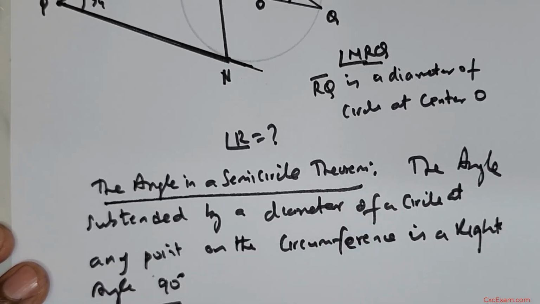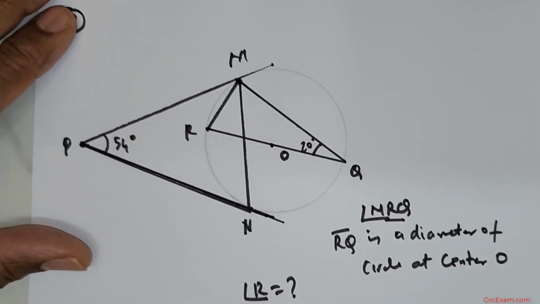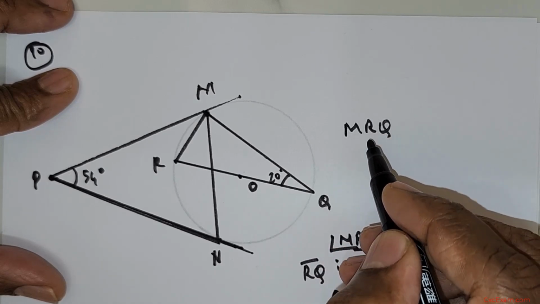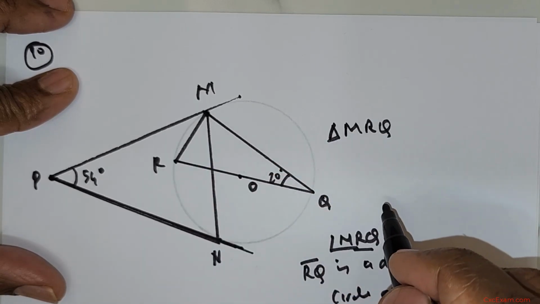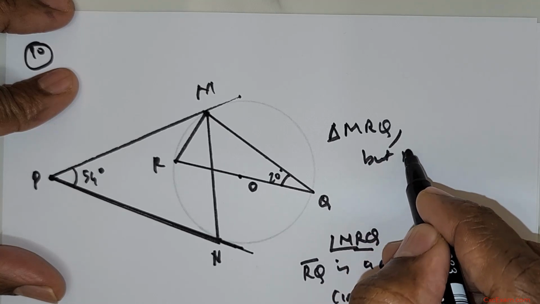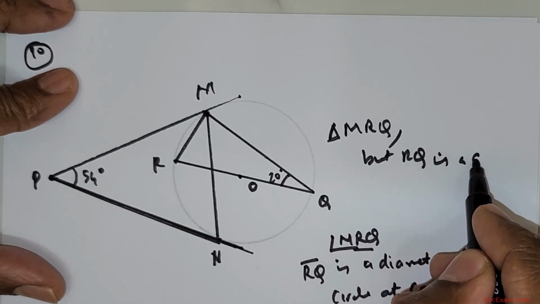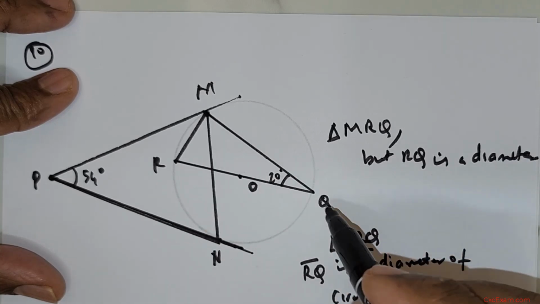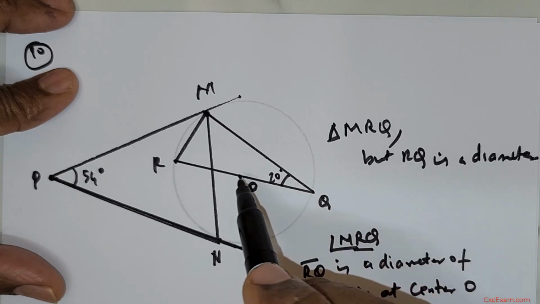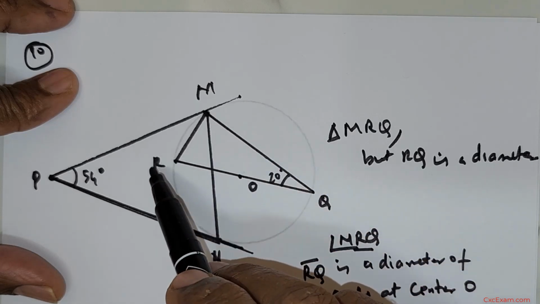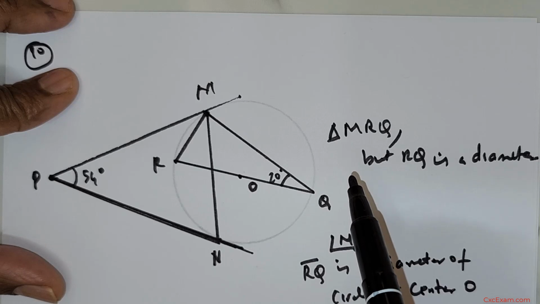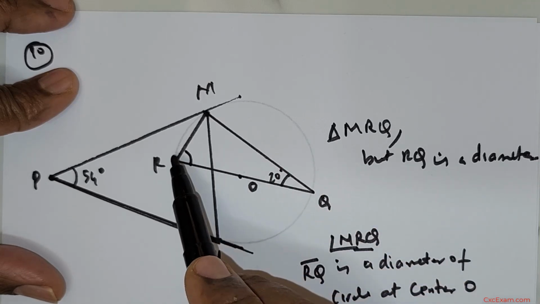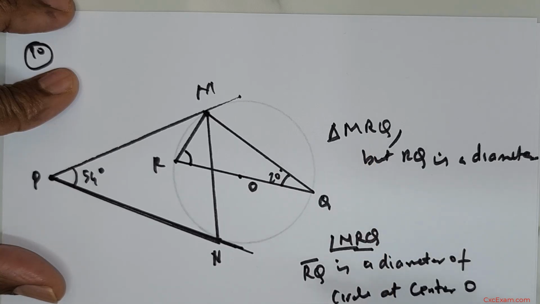Okay, so this is an all important theorem. Now MRQ is a triangle, but RQ is a diameter. So since RQ is a diameter, we are actually dealing with a semicircle. Now the angle R is inside the semicircle.